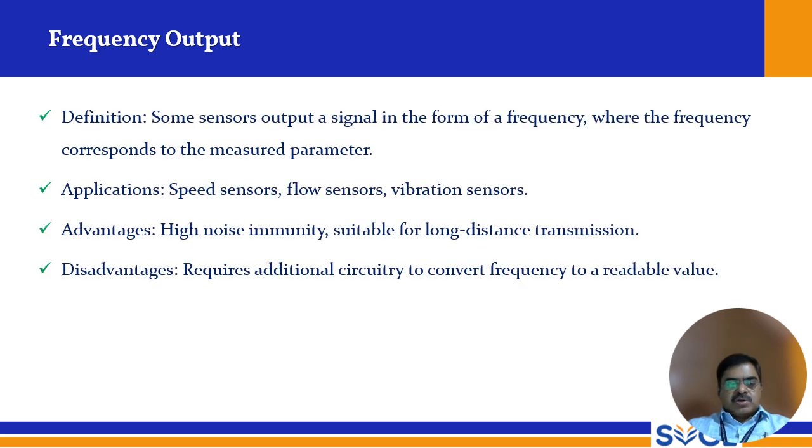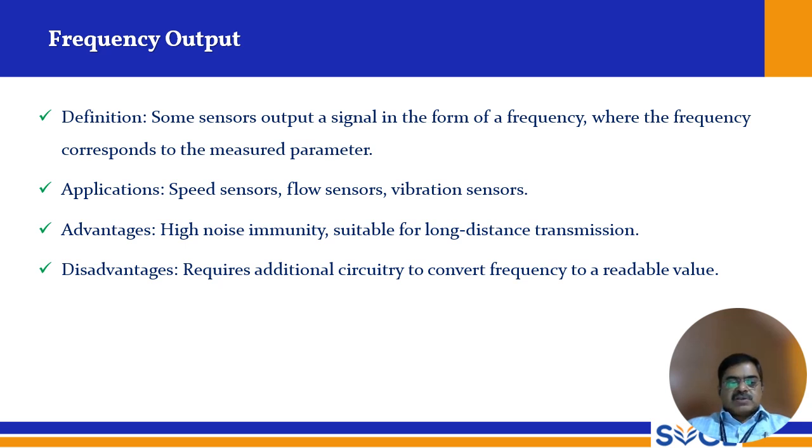Frequency output. Some sensors output a signal in the form of frequency, where the frequency corresponds to the measured parameter. Speed sensors, flow sensors, vibration sensors are few applications where we see frequency output. High noise immunity and suitable for long distance transmission are the good advantages.